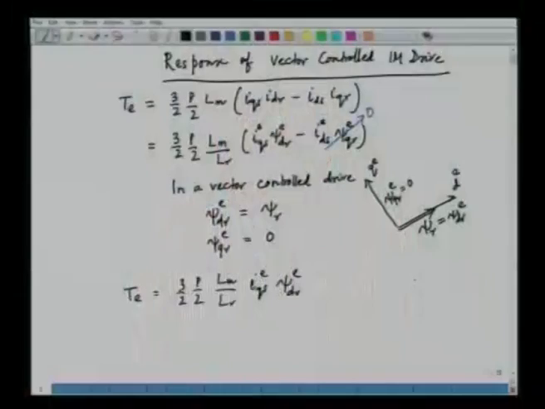In the DC machine, we have seen Te is equal to K into Ia into If. The torque is proportional to the armature current and torque is also proportional to the field current. Here we are ignoring saturation.